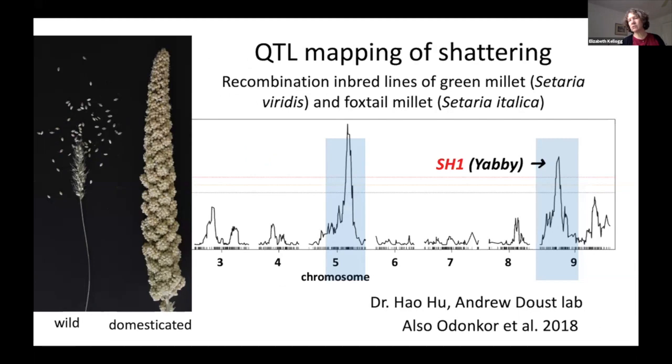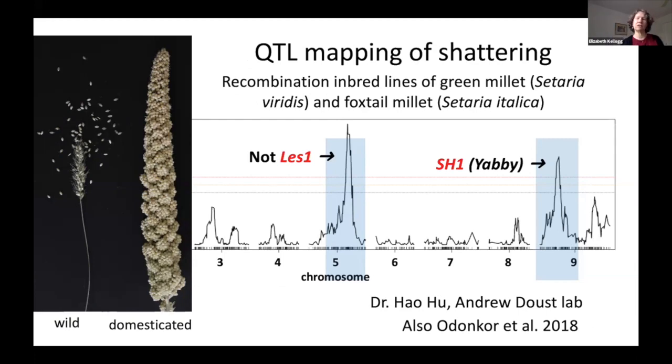SH1, which I mentioned to you earlier, the one that comes up in all the other QTL studies, is right there on chromosome 9. And the question is, does LES1 fall under this on chromosome 5? And no, it doesn't. That's not LES1.